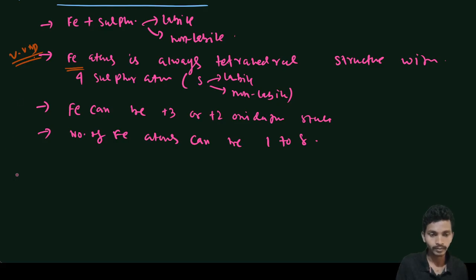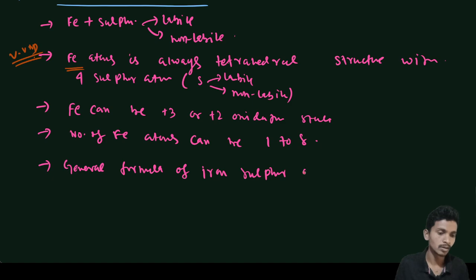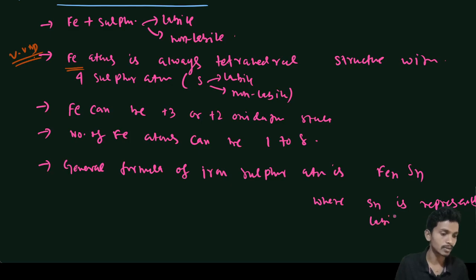and the general formula of iron sulfur proteins is FeNSN, where this SN represents labile sulfurs.